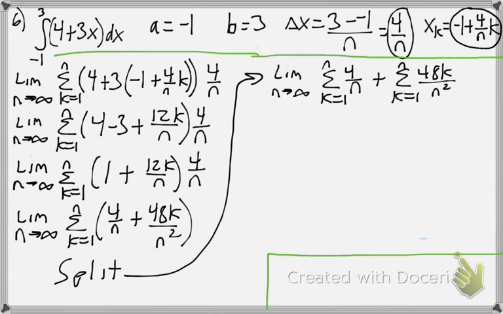Okay. So now I want to pull out all the non-k values. So anything that's not a k, I want to take it out of the series.